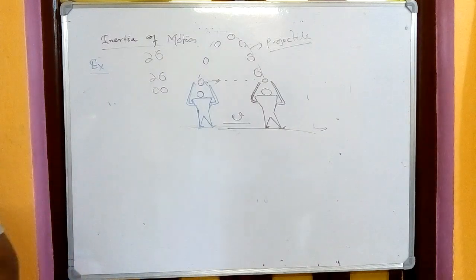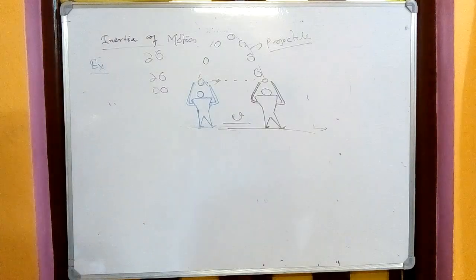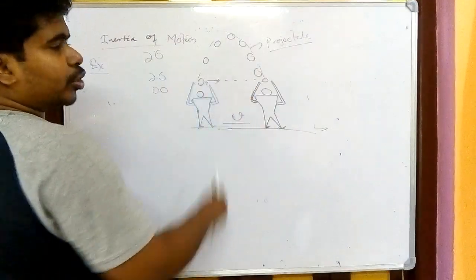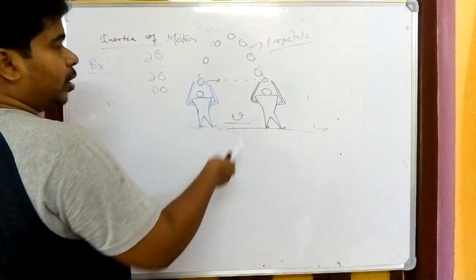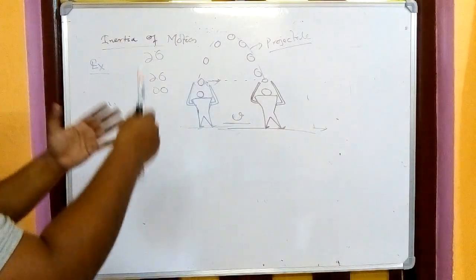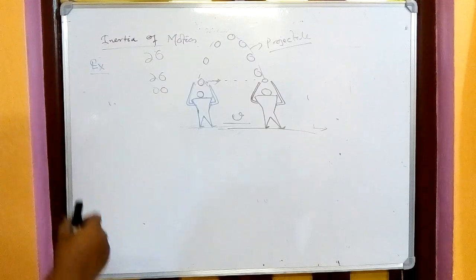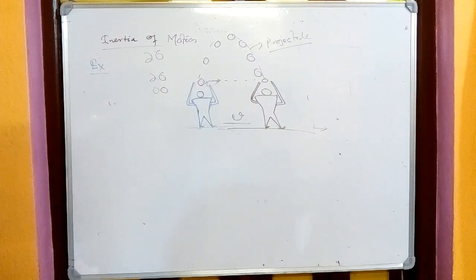Sometimes the question is asked, is it possible for a man to throw a ball inside a moving vehicle and catch the ball? Yes, it is possible, because along with the man, the ball is also in a state of motion, that is the inertia of motion, and that's why the ball will come to the hand of the man. This type of example is asked in exams also.